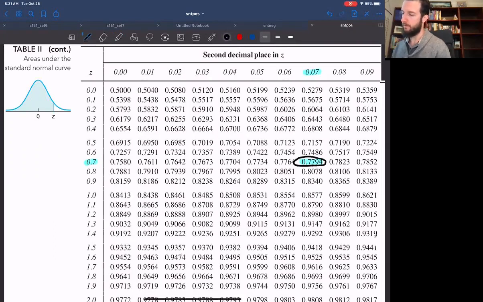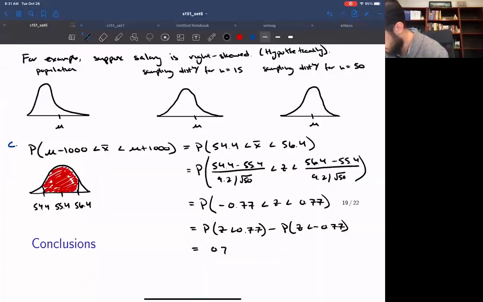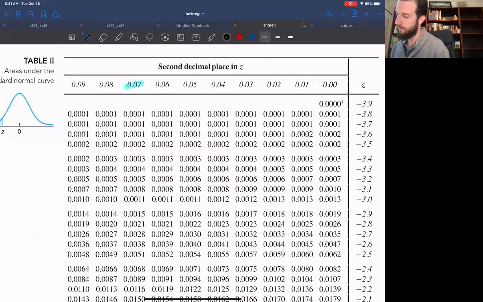Okay, so we have 0.7794. And then we have the negative value.